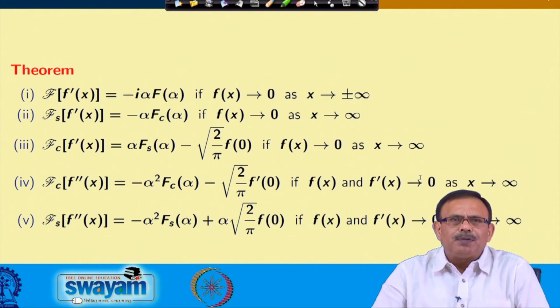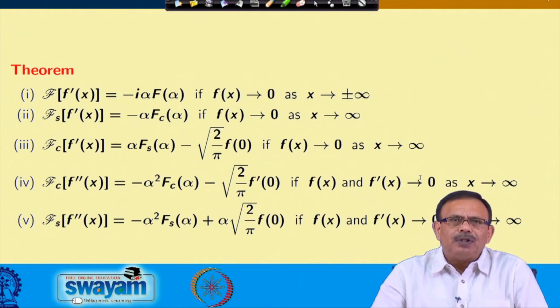The first one is: the Fourier transform of f'(x) equals minus i alpha into the Fourier transform of f, if f(x) approaches 0 as x approaches plus or minus infinity. This particular condition is required; whenever we prove it, we will tell why it is required.